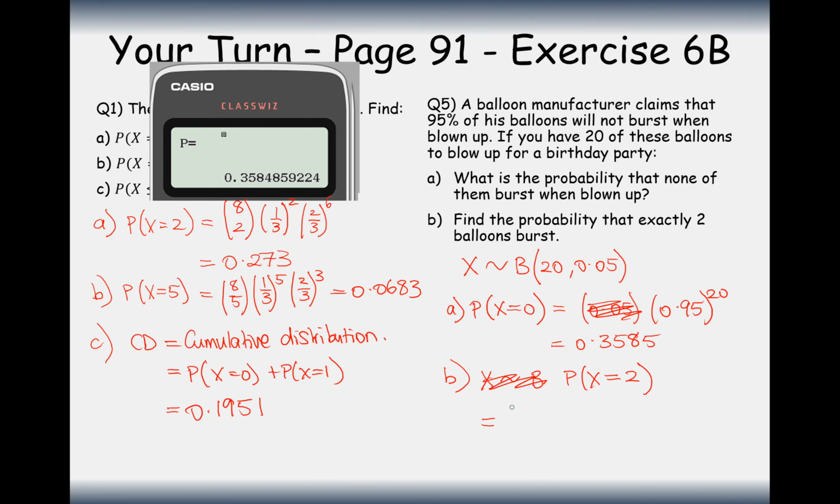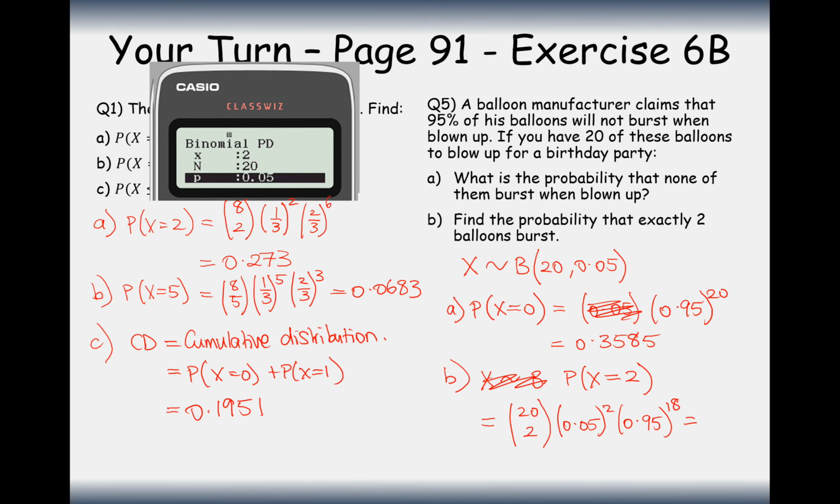In this case it's going to be 20 choose 2 for the number of orders in which 2 balloons can burst, times the probability that a balloon will burst. We want 2 of those bursting balloons, and 18 balloons that don't burst, and this equals 0.1887. Okay, so there we are then.